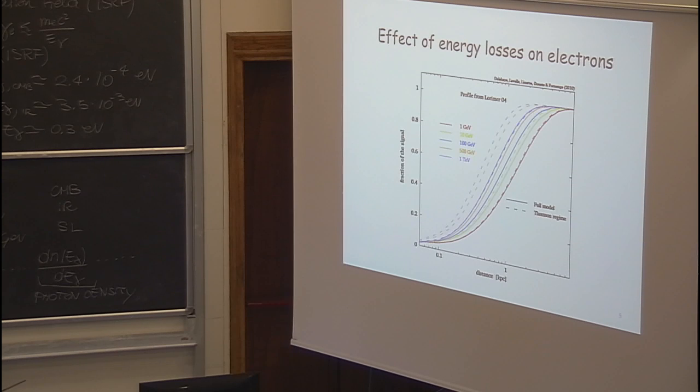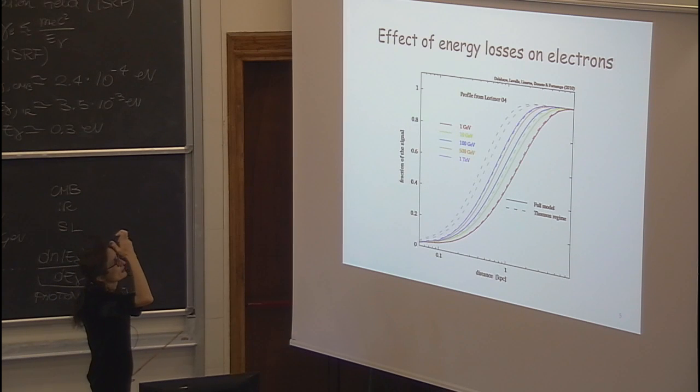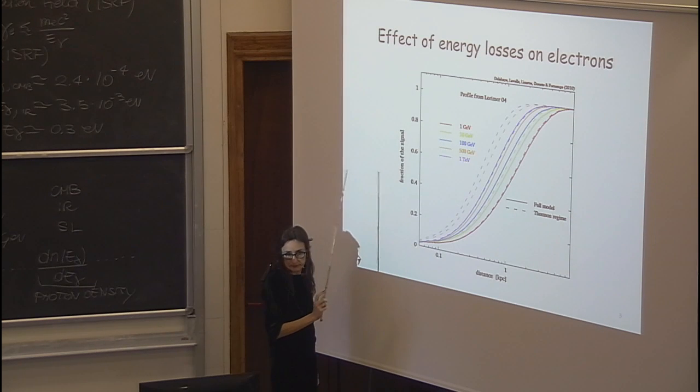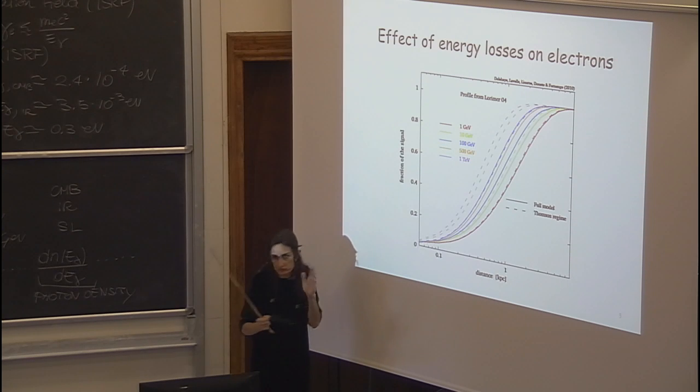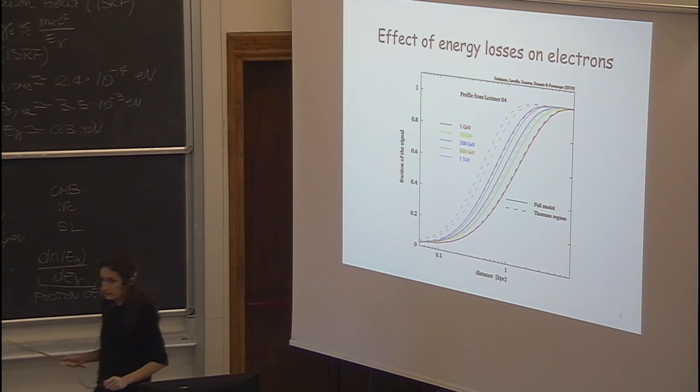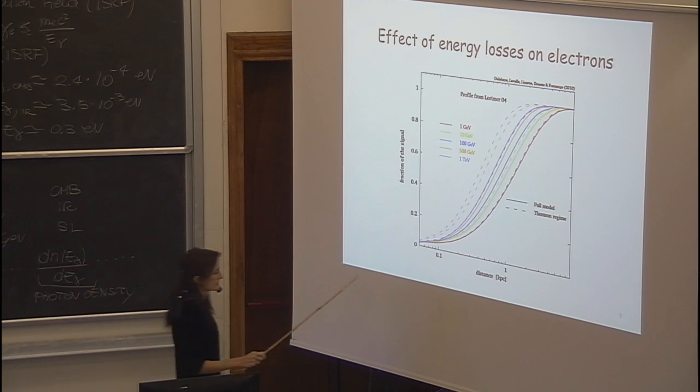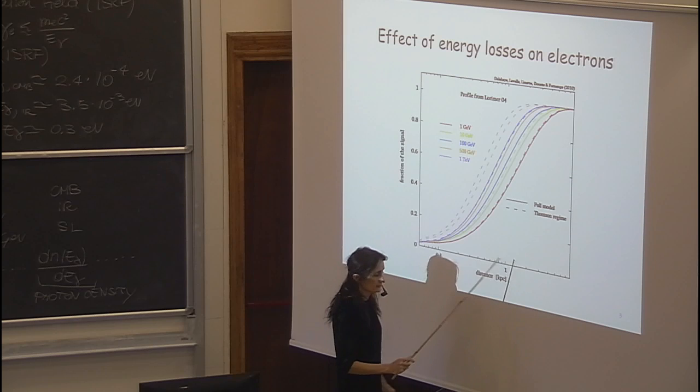This is for after. And this is a figure that is specific for electrons. So let me try to explain what we have done here. This is a fraction. And this is the fraction of electrons, or e plus e minus, that arrive at the Earth from a distance which is marked here from the Earth.